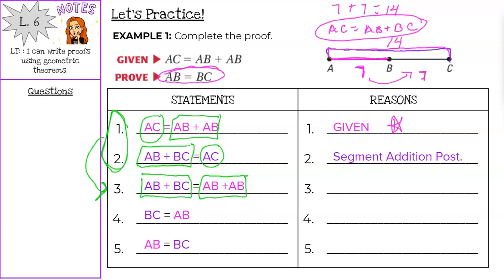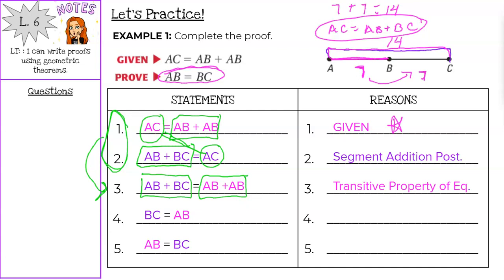So we have that crisscross. We have two things equal to the same thing, meaning that those two things are then equal. You remember from last lesson, that's the transitive property of equality. It states if two things are equal to the same thing, then those two things are also equal. So there's also that crisscross pattern. These two are the same, so that means we can set the other two equal to each other.